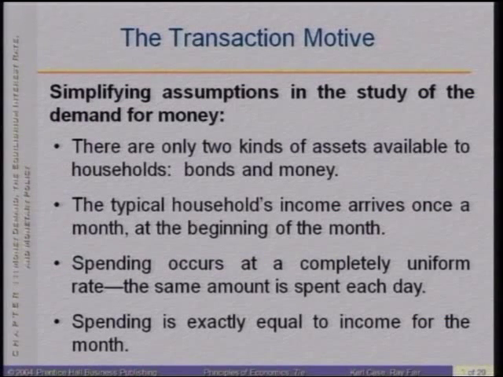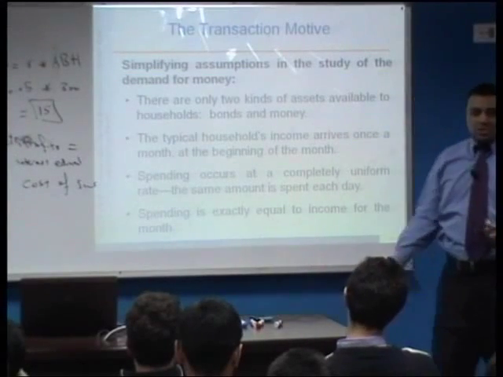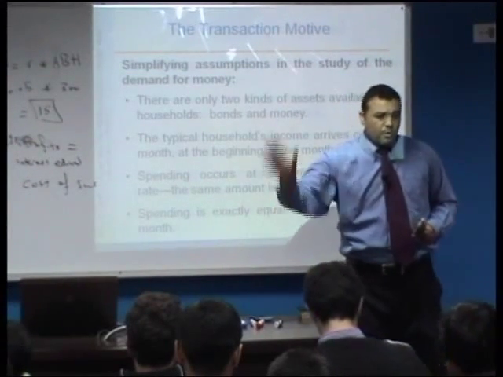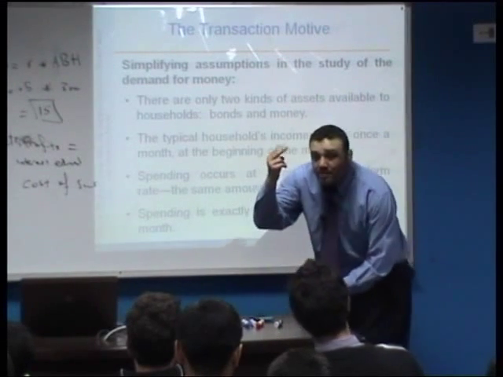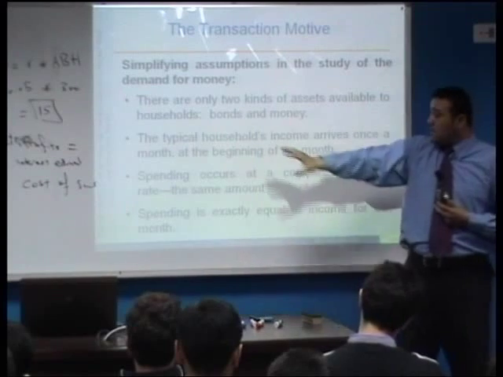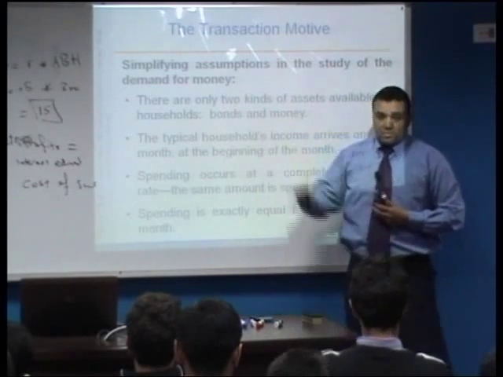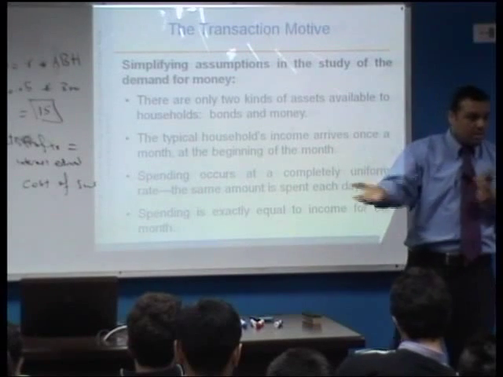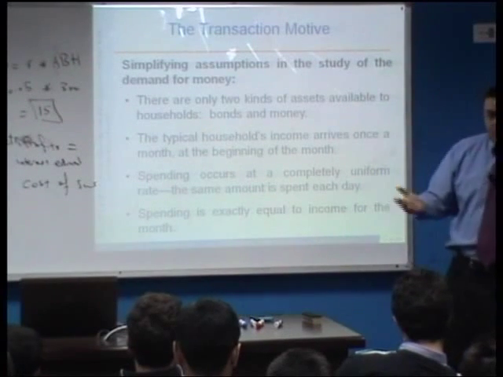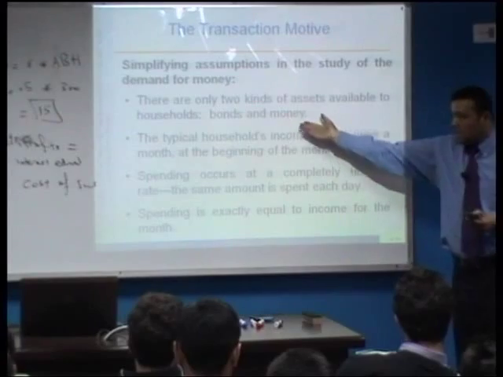The first assumption is that there are only two kinds of assets available to the households, money or bonds. So the household has two alternatives: either hold everything as money or bonds, or both. Distribute or allocate your income into money or bonds.